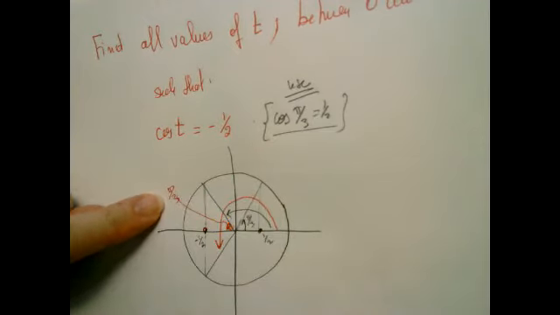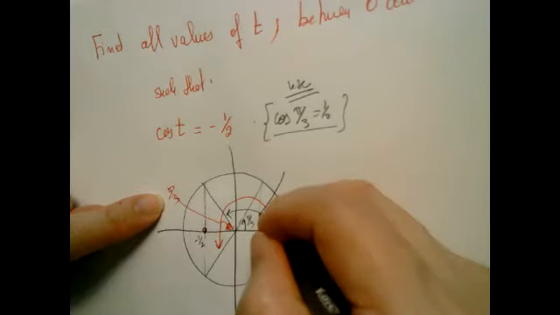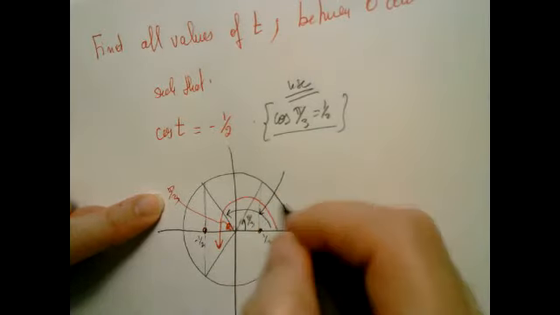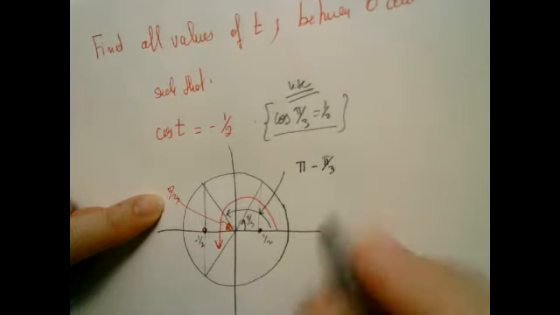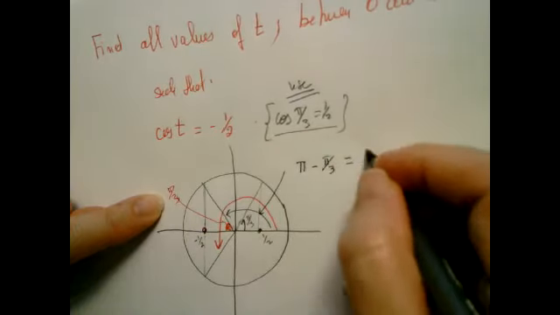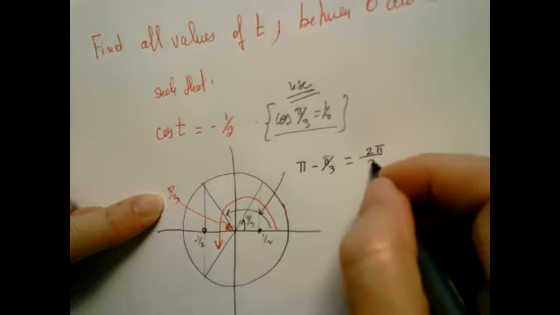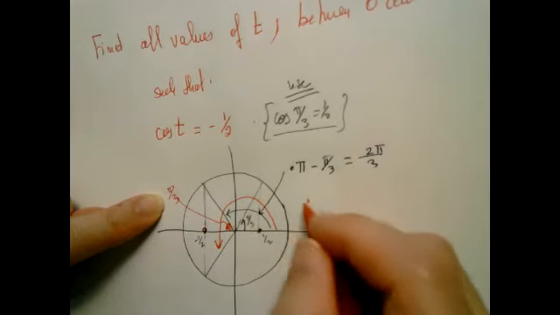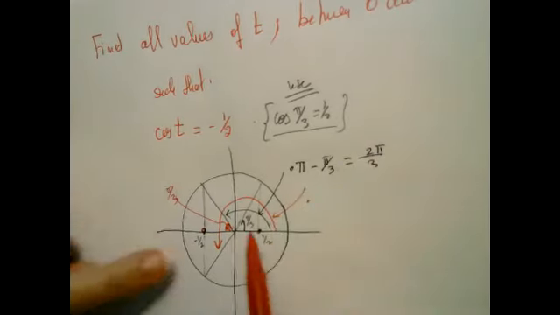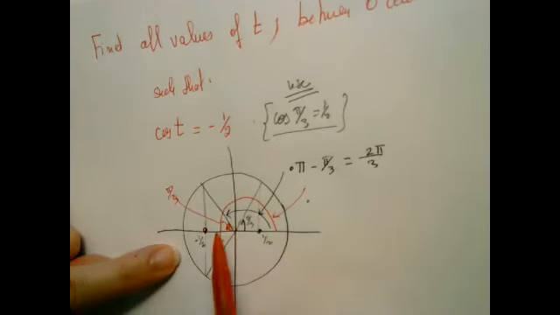So now what are my angles? This black one is pi minus pi over 3, which is 2 pi over 3. That's my first angle. My second angle, which is the red one, is, if you look at the picture, pi plus this little thing, which is pi over 3.